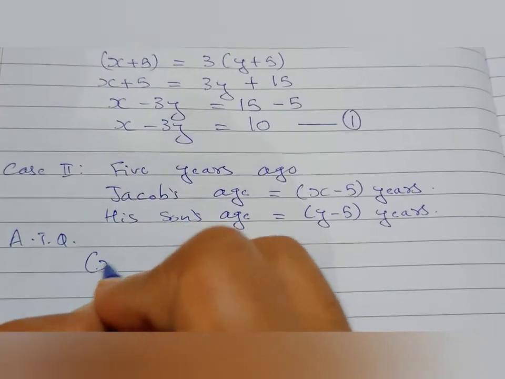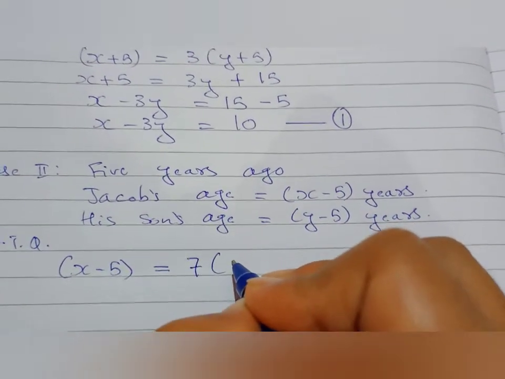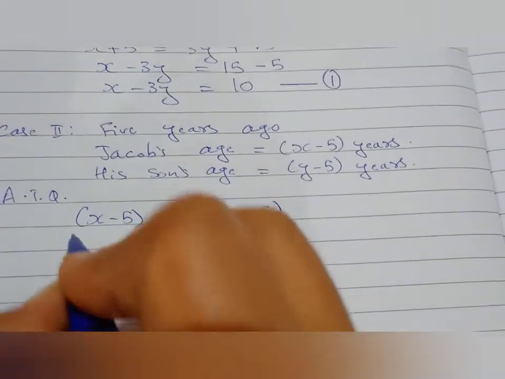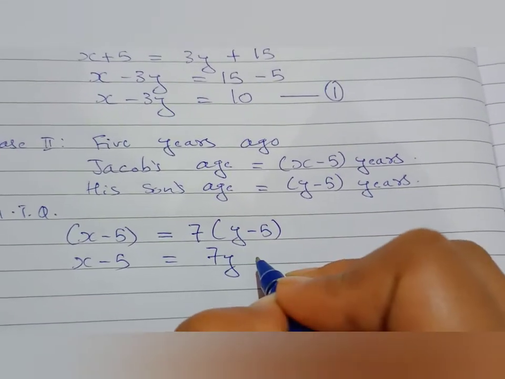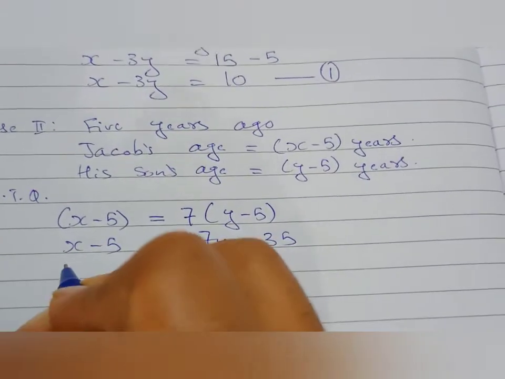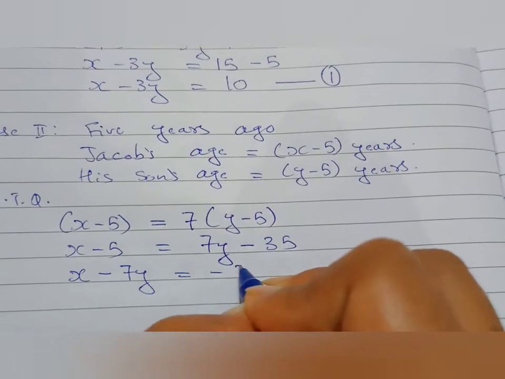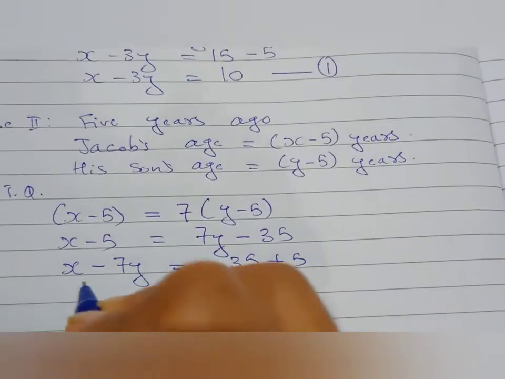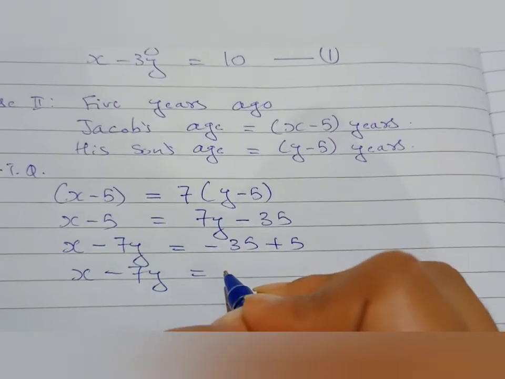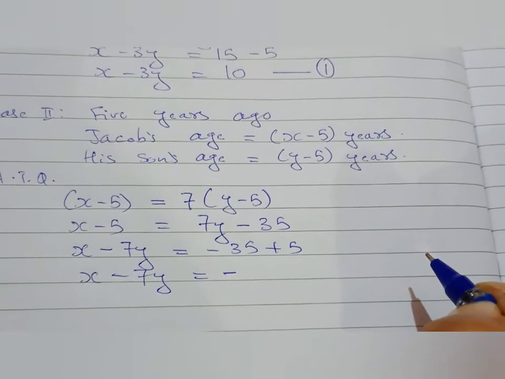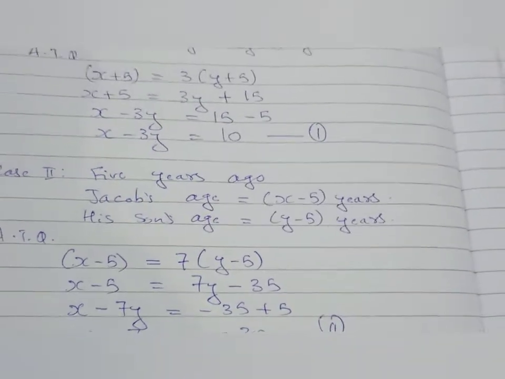So Jacob's age 5 years ago, which is x minus 5, was 7 times his son's age, which is y minus 5. x minus 5 equals to 7 into y is 7y, plus into minus minus, 7 5s are 35. x minus 7y equals to minus 35 plus 5. x minus 7y equals to minus, 35 being the bigger number, minus sign will retain. 35 minus 5 will give us 30. Equation 2. So we have got both the equations.